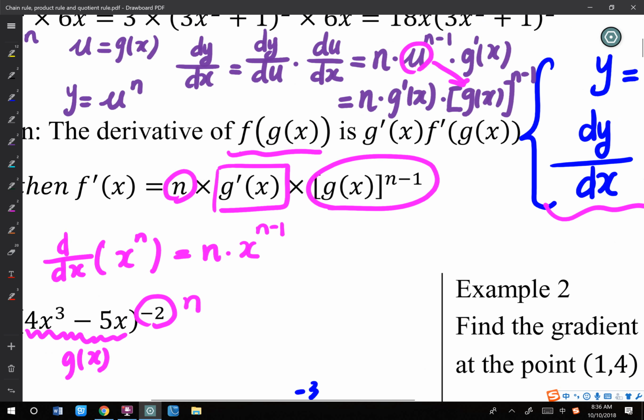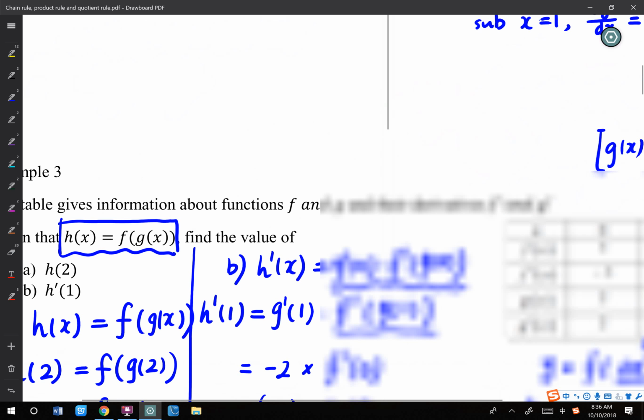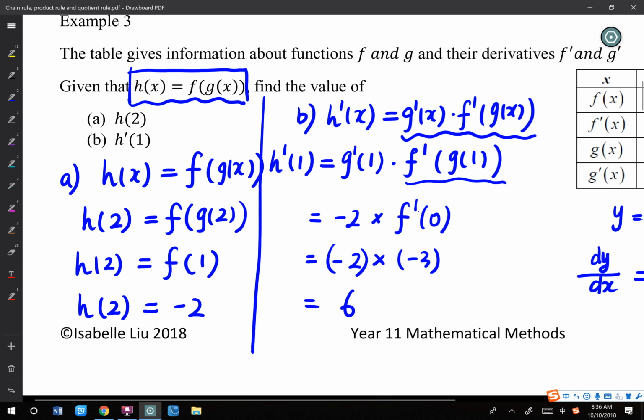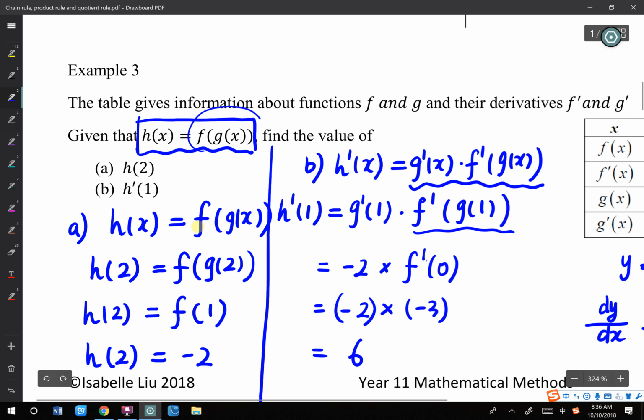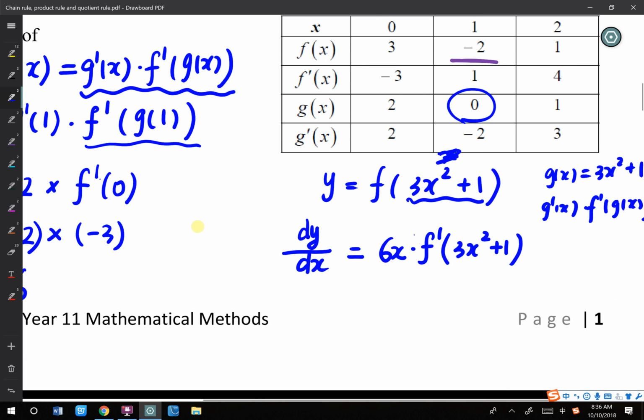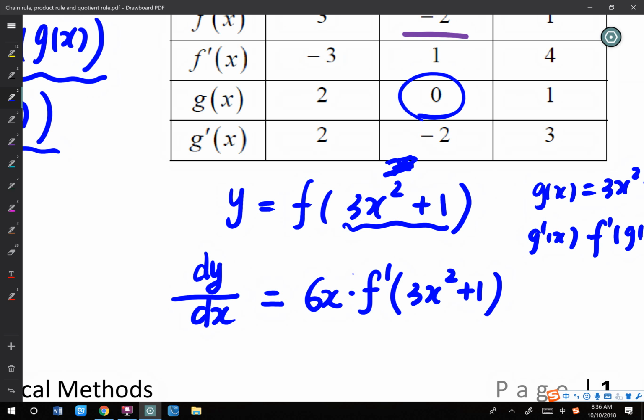Well, this one is of very limited use. I'll show you in example 3 how we can use it. If it looks exactly like that, I don't know what the function f(x) is, and I don't know the actual form of g(x), I can use this rule. Or I can use this rule if I have f of 3x squared plus 1. Still I have one function unknown. I don't know the rule for f, but I know the inner function.